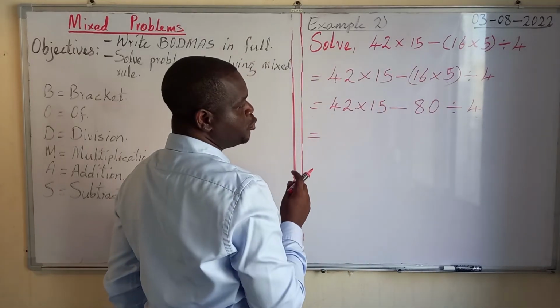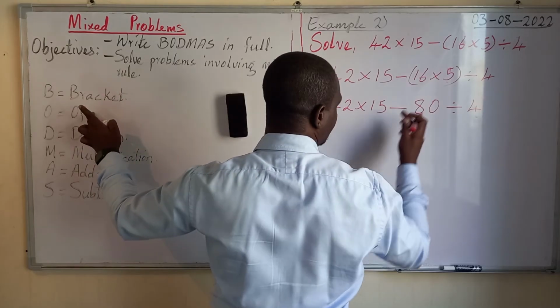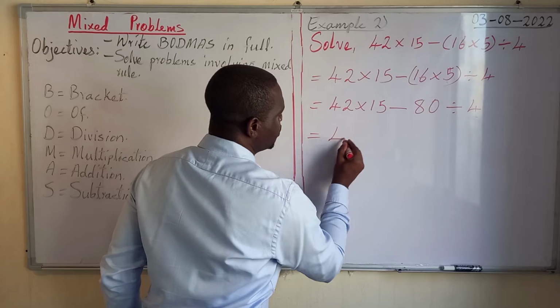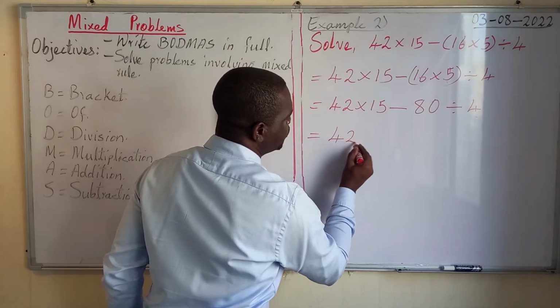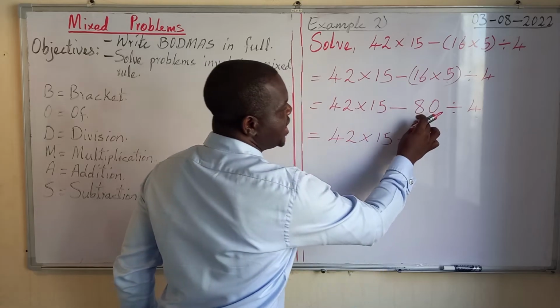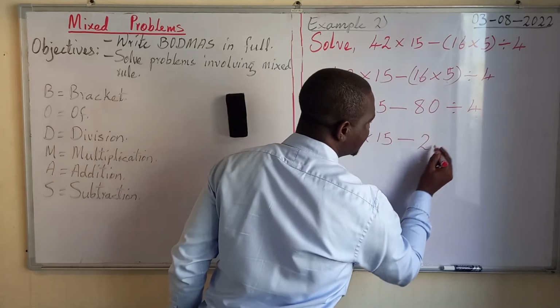The next rule after bracket, as we have here, is of, but we don't have of. The next is division. We have division here. So we restate 42 times 15 minus 80 divided by 4 is going to give us 20.